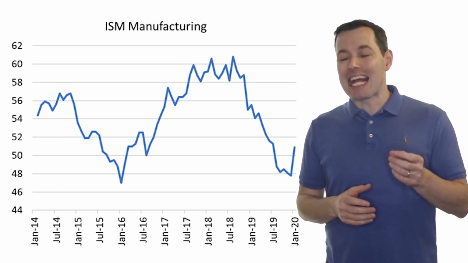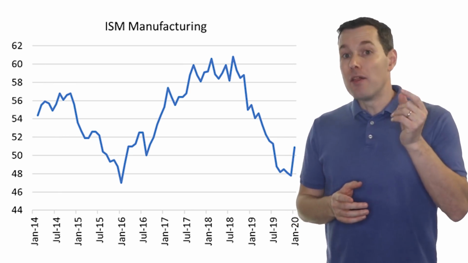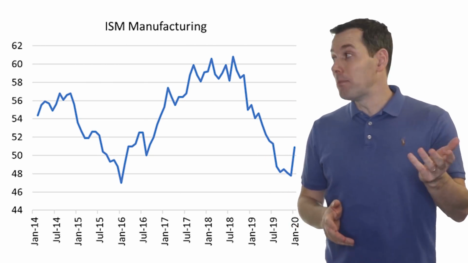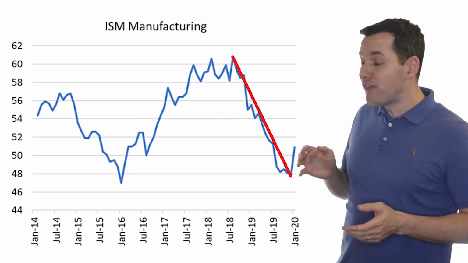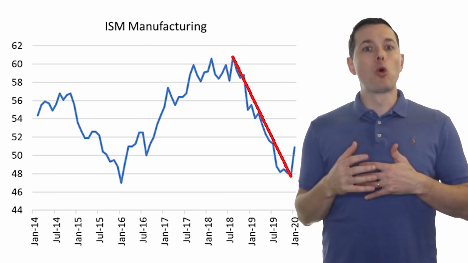Now, this is the ISM manufacturing PMI indicator, and this has clearly been a negative point for the bears since about the second half of 2019, when it was this fall that we were watching. As we were watching that fall, we became more wary of it.